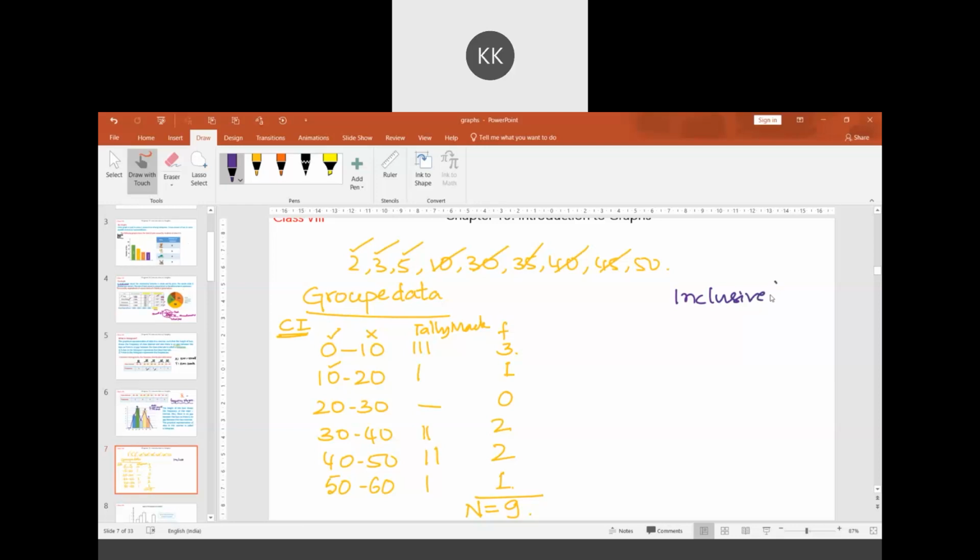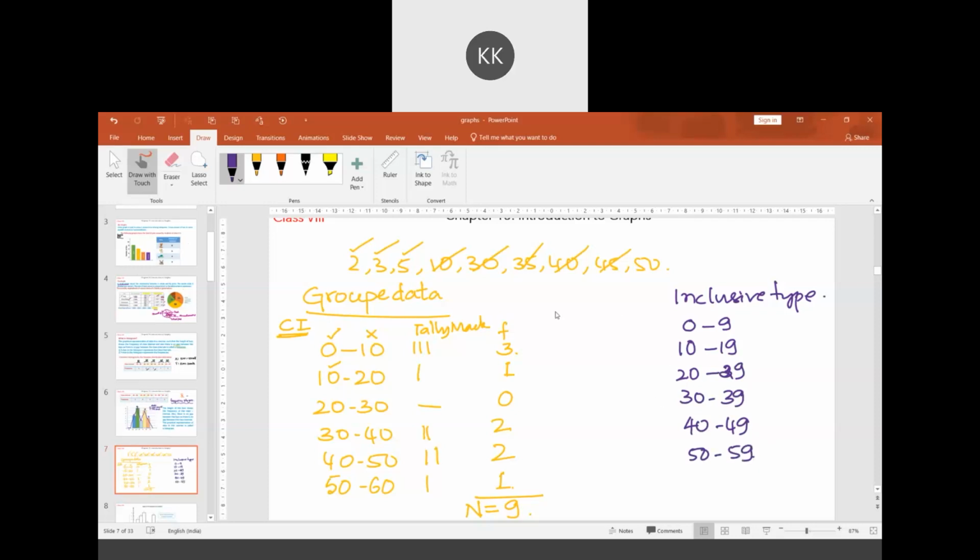In the inclusive type, both 0 and 9 are considered. Next one starts from 10 to 19. Next one starts from 20 to 29. Next one starts from 30 to 39, 40 to 49, 50 to 59.